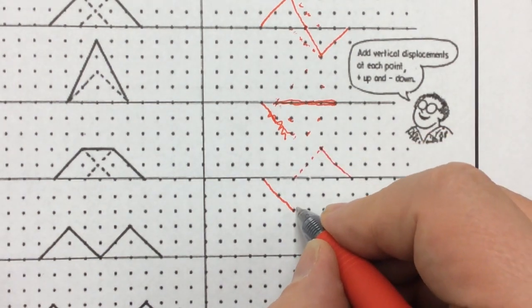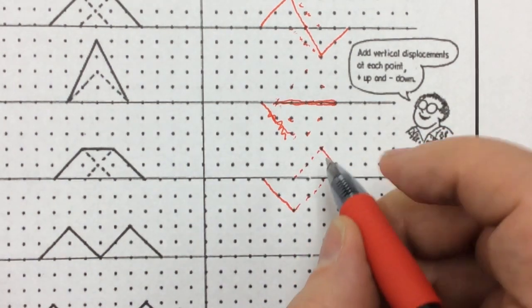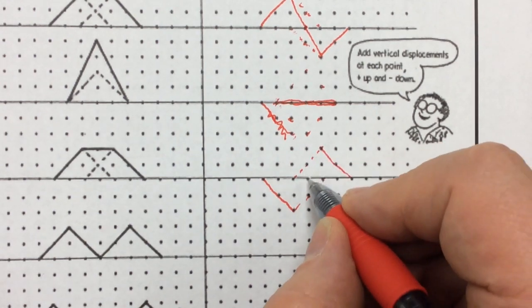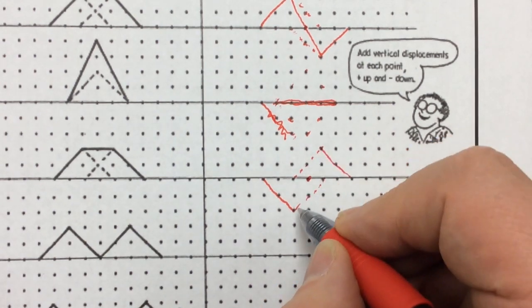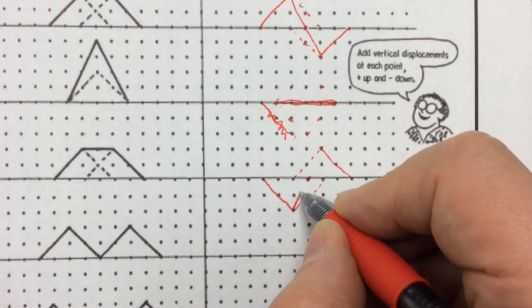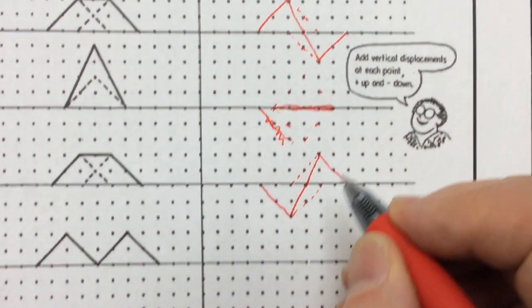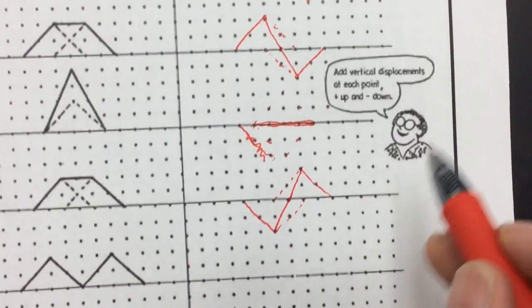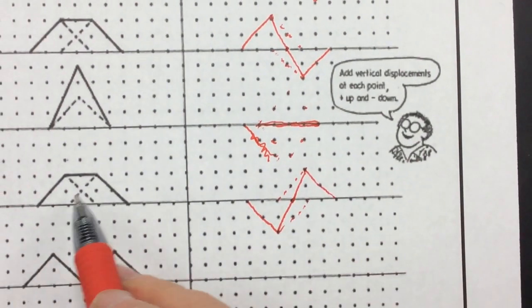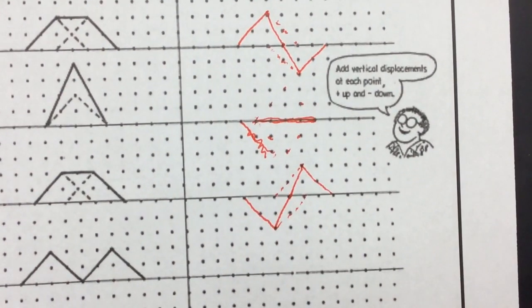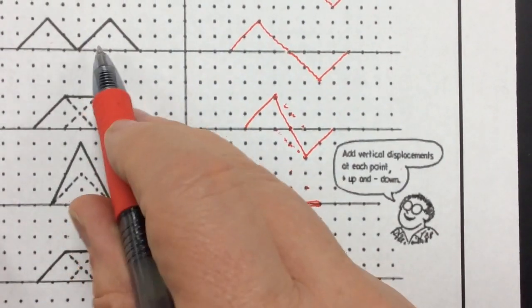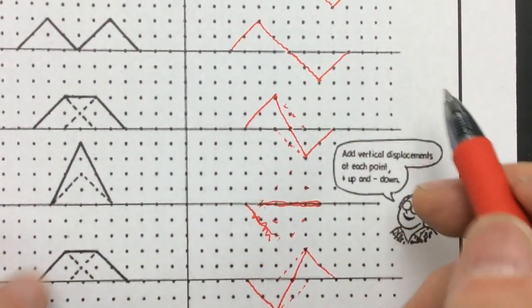It would have been here, and it would have been here, but this is going to cancel with this, leaving you this, and so you're going to get a steeper one in the other direction. You see, this one was steeper than normal, and this is coming out as steeper than normal, same as this one.